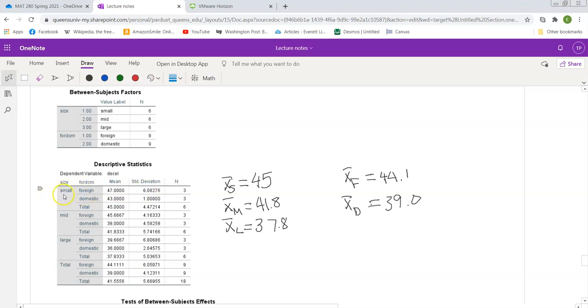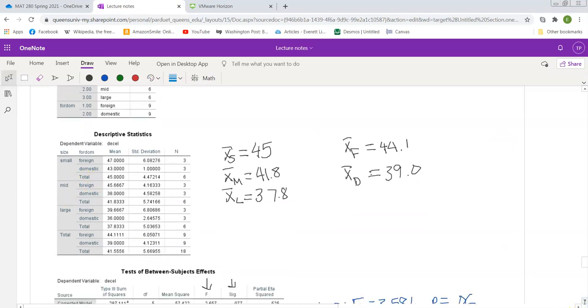The three in the small domestic cars follow a normal distribution. The three in the mid-foreign, etc. Obviously, with a sample size of just 3, we're not going to be able to tell whether this follows a normal distribution. That's a reality of collecting data.